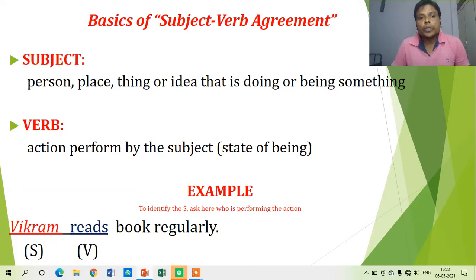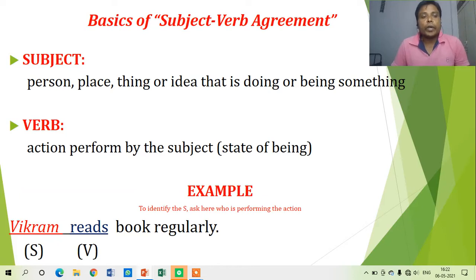The verb is the action performed by the subject, or it is also a state of being. It means the word that shows the action being performed by the doer is the verb.